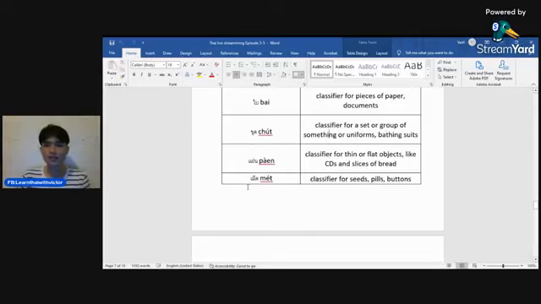The next one is เม็ด, like the word met in English. The classifier here is for very small things, like seeds, pills, medicine, and buttons. Let's pronounce it together in this sentence.